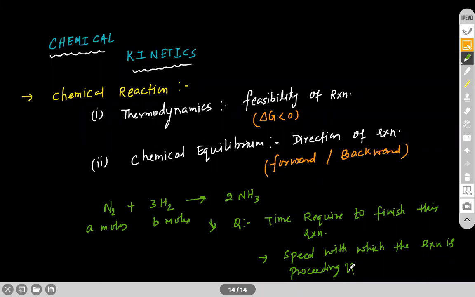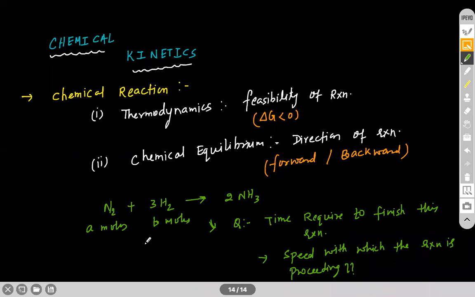If I ask you whether the reaction is feasible or not under a given condition, you can answer by calculating delta G. If it is less than 0 at the given condition, then you can say yes, the reaction is feasible. For the direction of reaction, you can also tell me, under a given set of conditions, whether the reaction goes in the forward or backward direction.